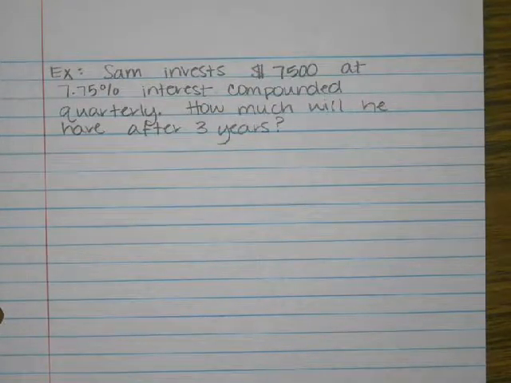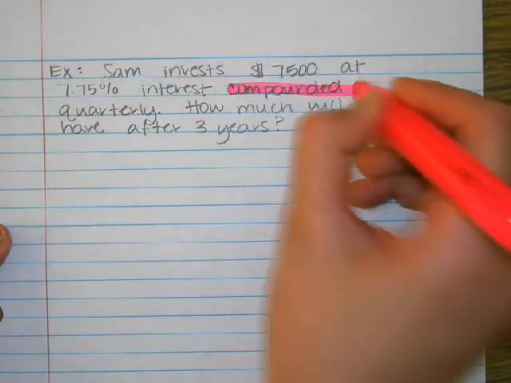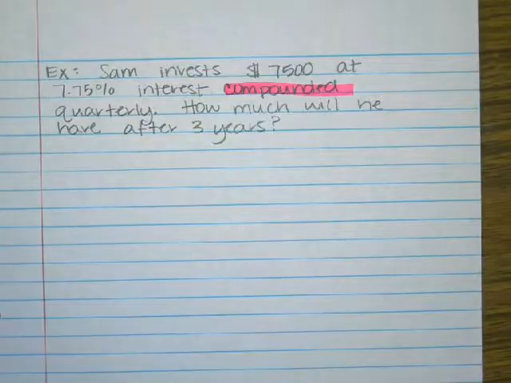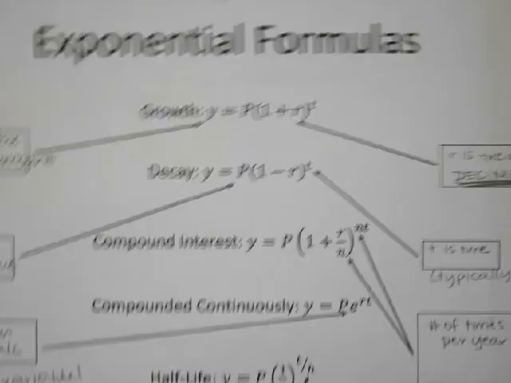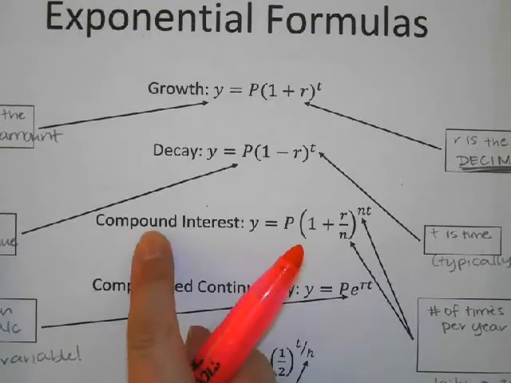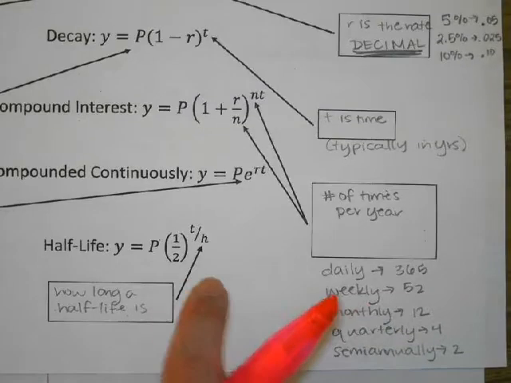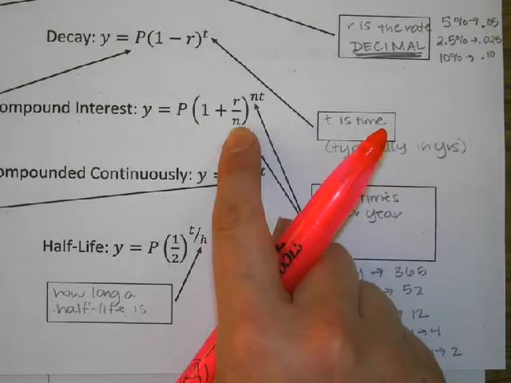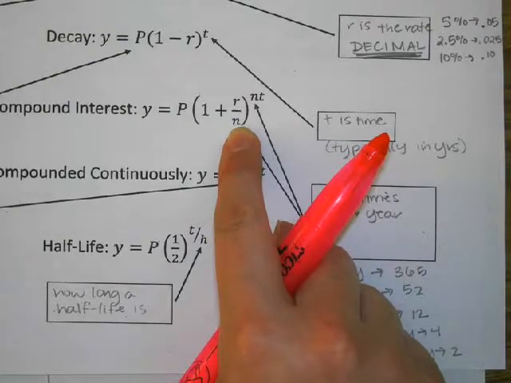So the first thing we need to do is figure out what equation we are using. There's a word compound in there. That word is important. We have 2 equations that use the word compound: compound interest and compounded continuously. We're going to use compound interest, because they gave us an n value, and this is the only equation that has an n value.